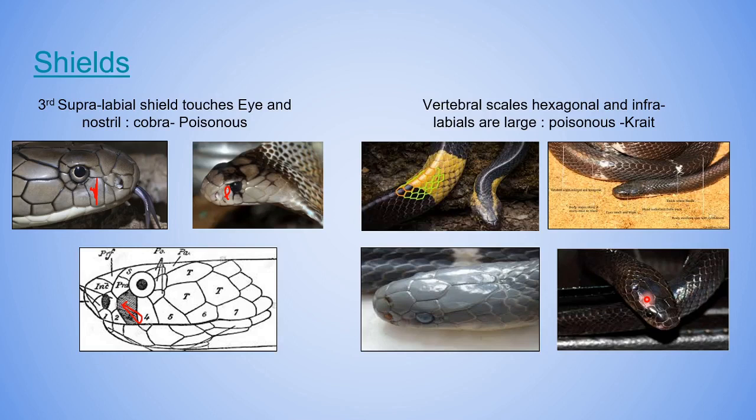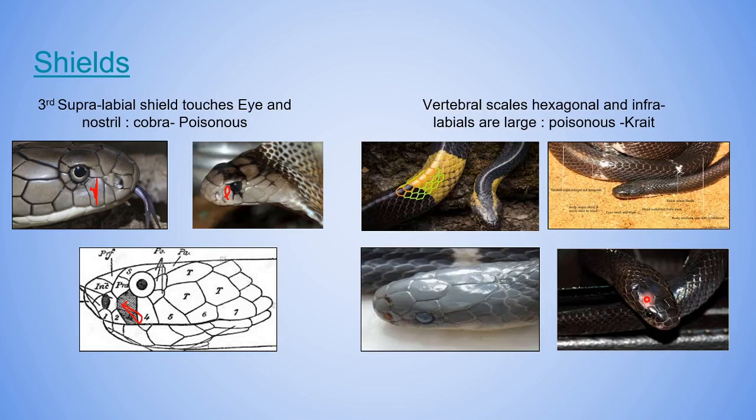So we have set the features to identify the common poisonous snakes around us. Cobras can be identified by these features, either the presence of this particular infralabial, or you can easily identify them with the presence of the hood. If the hood is present, both the normal spectacled cobra, which we see around us, as well as the king cobra, when they are agitated, they raise their body and show their hood.